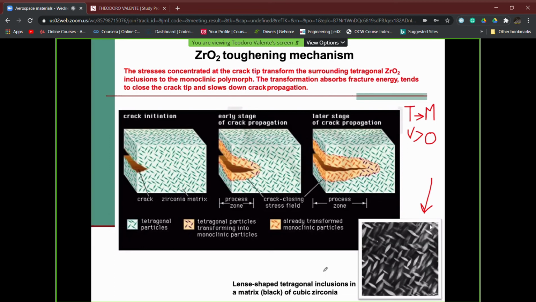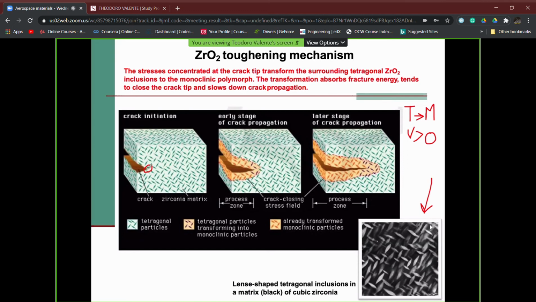And where can we expect to have a very high stress concentration? We can expect to have this at a crack tip, where defects inside the coatings, as well as in all the ceramic materials, exist, where the stress intensity factor is the highest value.